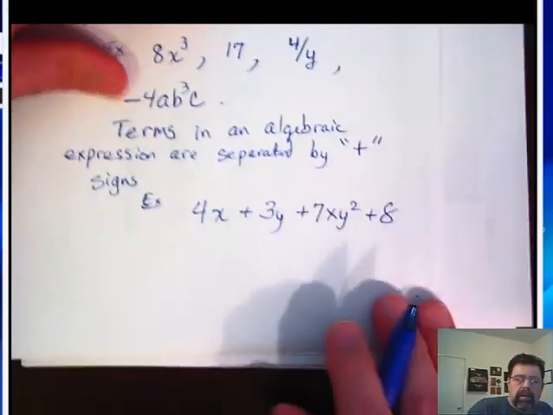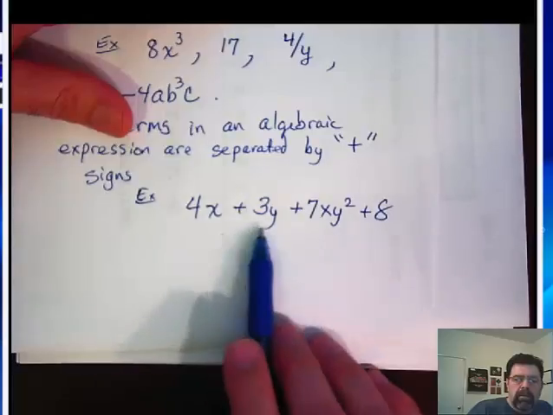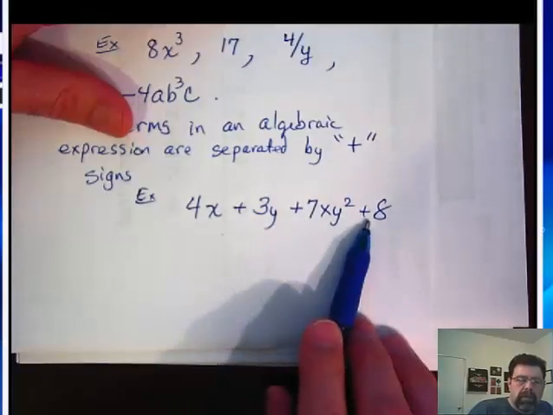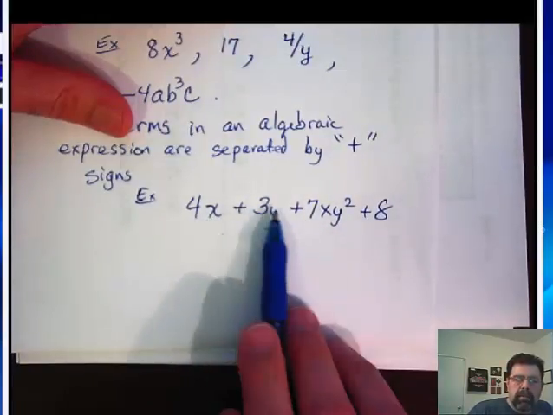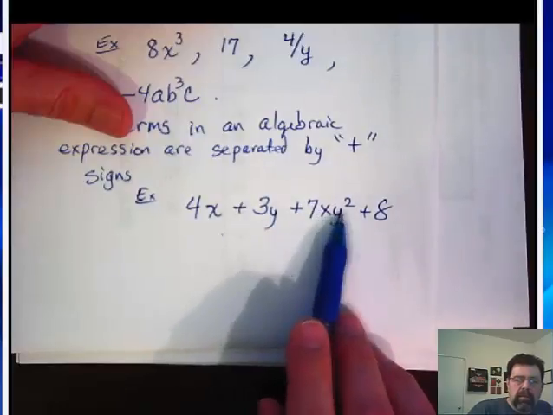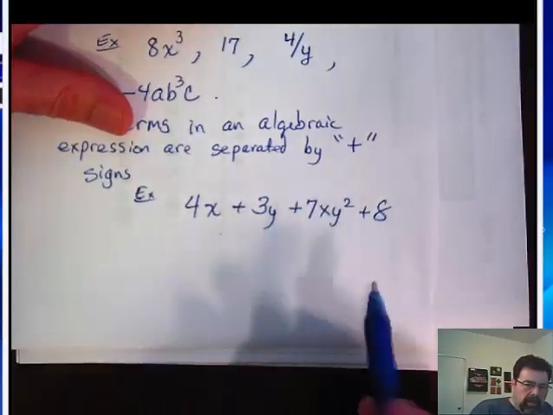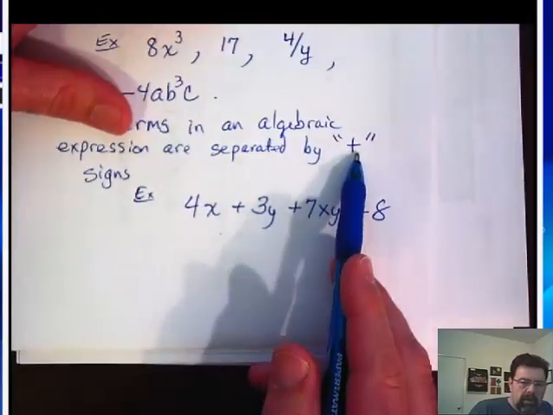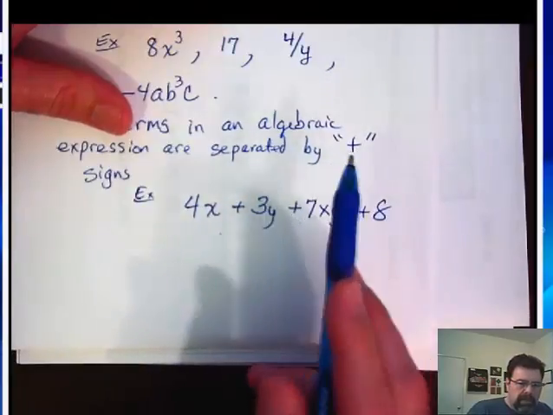So here's an algebraic expression. I have 1, 2, 3, 4 terms. So the terms are 4x, 3y, 7x, y squared, plus 8. Now notice I didn't say plus or minus signs, I just said plus signs.